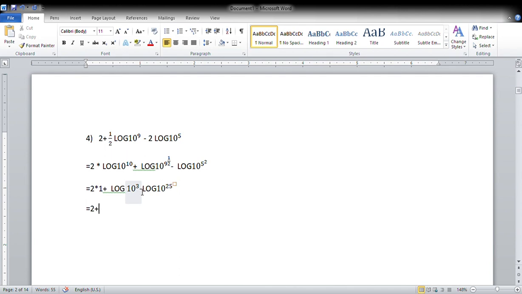This will be 3, so 1 log 25. So we can write it as log 10, 3 multiplied, just a minute, I made a mistake there, I think. Sorry, 10 to the power, we can write these things also.